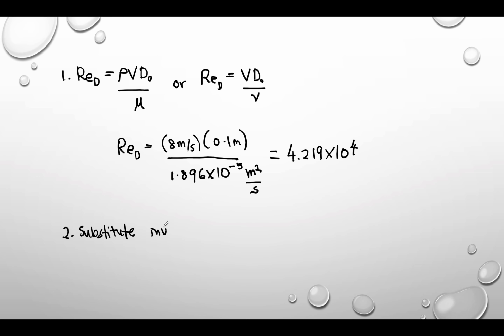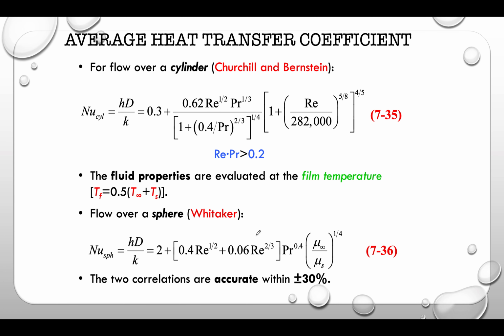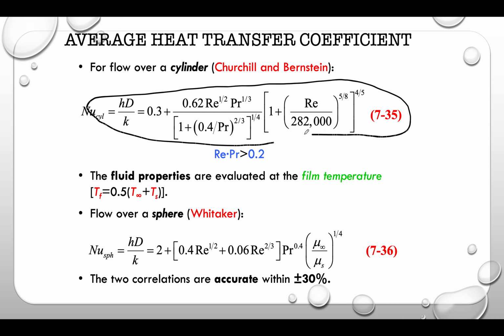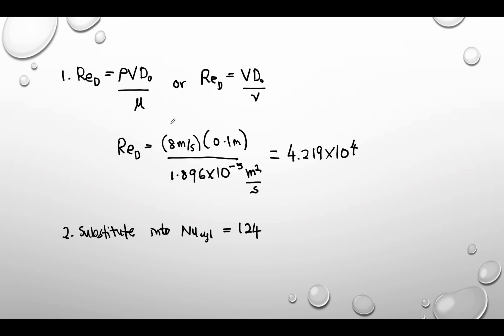When you substitute, you will get the value of the Nusselt number for cylinder equivalent to 124. Because we deal with a steam pipe, where the steam pipe is cylindrical in shape, we use the Nusselt number for cylinder. So substitute into it, and you will get 124.